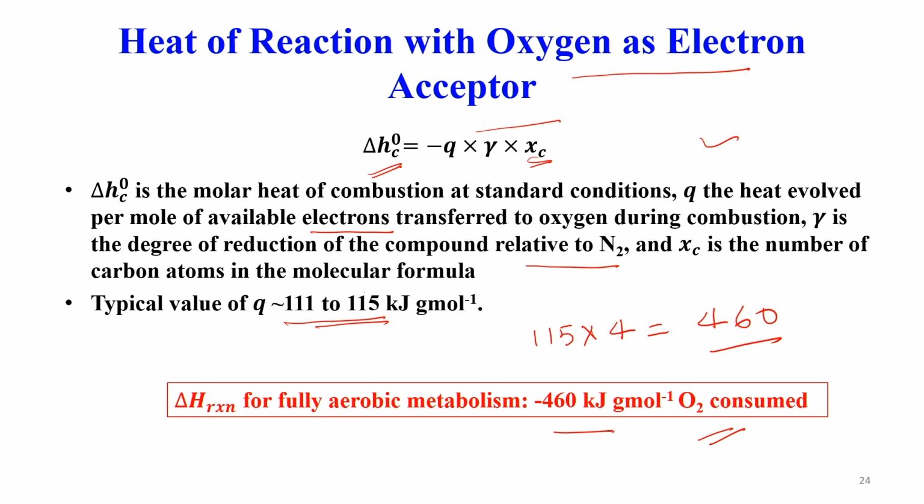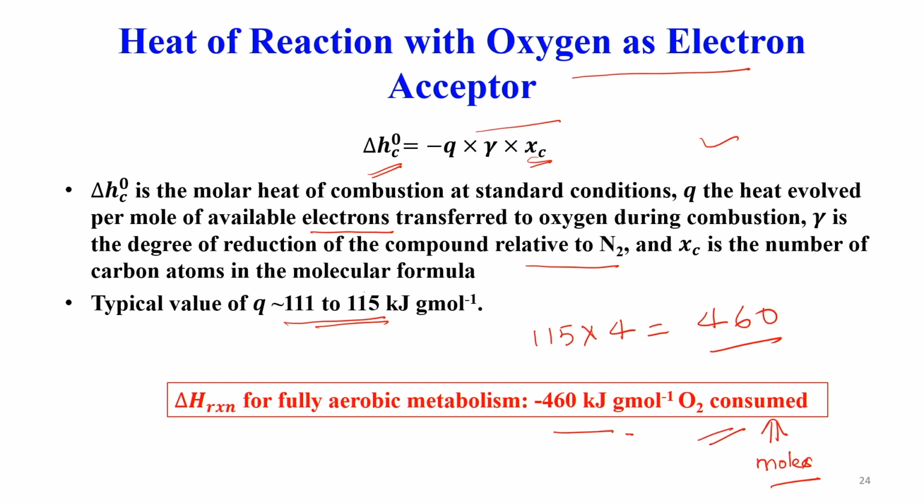So, it says 460 per mole of oxygen consumed. So, from the stoichiometry of the reaction, if you can find the moles of oxygen consumed, we can directly calculate the heat of reaction using this value.